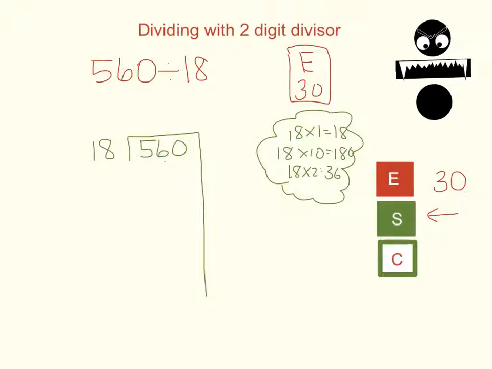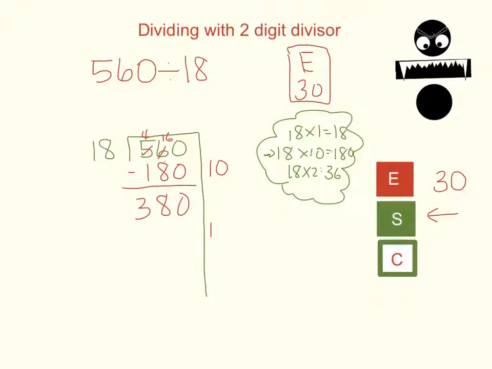All right, so let's get started. I notice here I can do this one right here. So I'm going to do 18 times 10, and let me do it in a different color. So that's going to be 10 over here. That equals 180. I'm going to subtract, and when I do, I get 380.